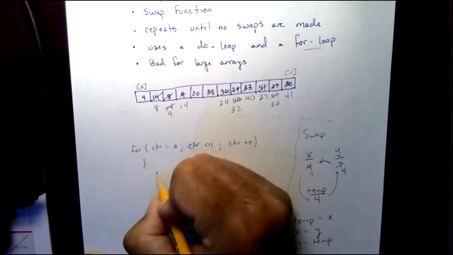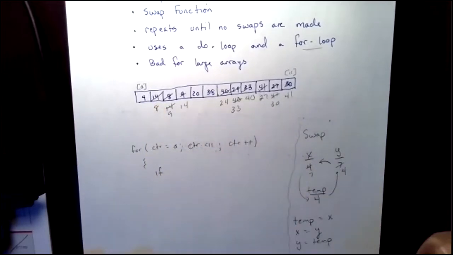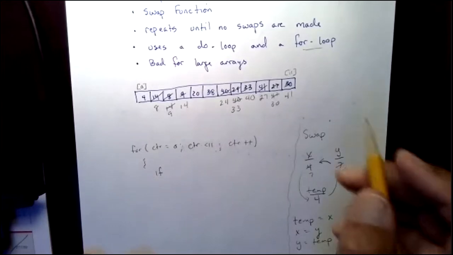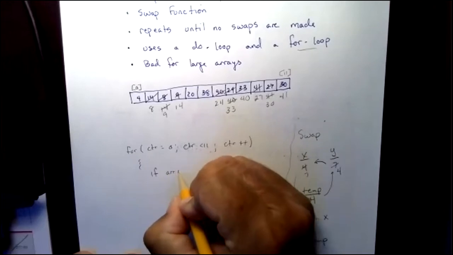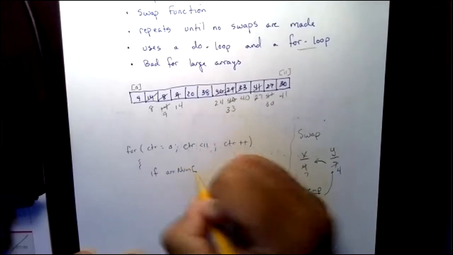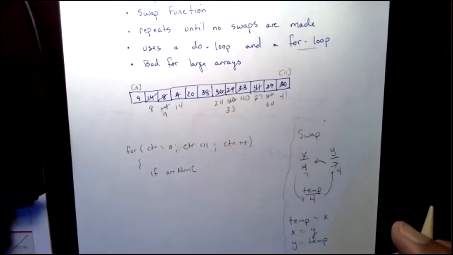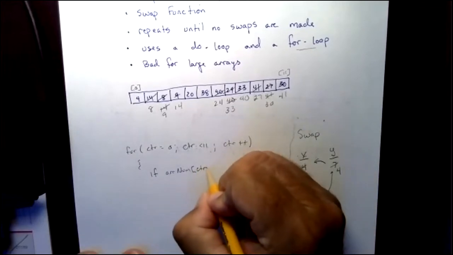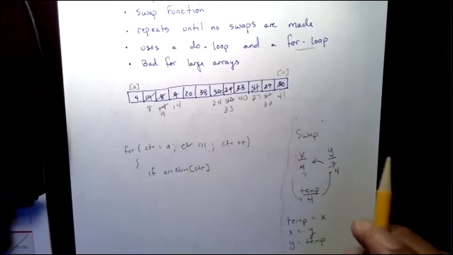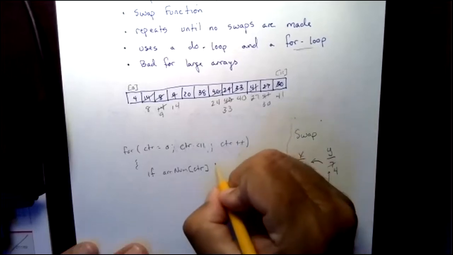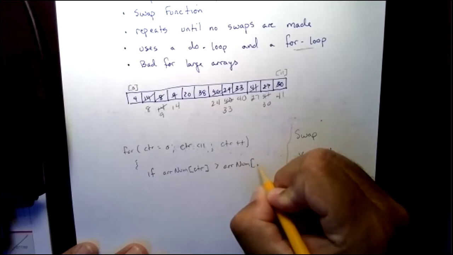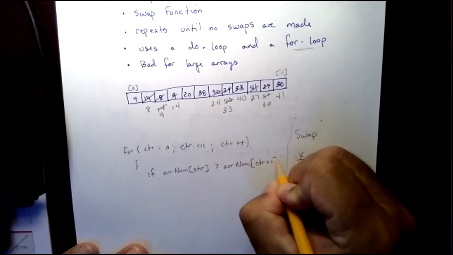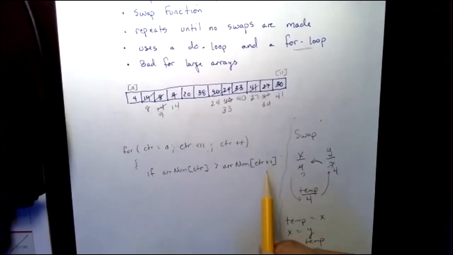So I'm going to say something along the lines of if array num sub counter is greater than array num sub counter plus 1. Excellent.